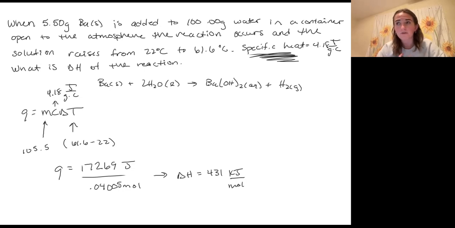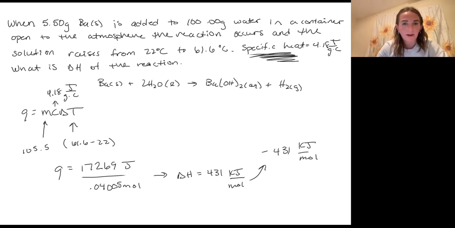So our surroundings are being heated up, which is a release of energy. It has to occur in order for that to happen. So our delta H has to give off that heat. And in order to indicate that heat is being given off, we must change this to a negative 431 kilojoules per mole.